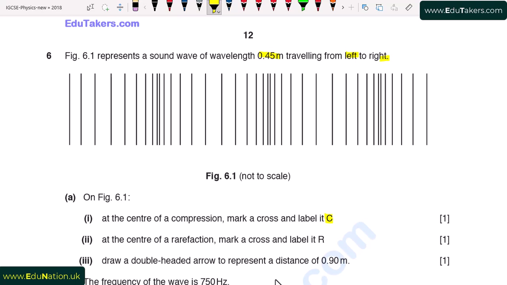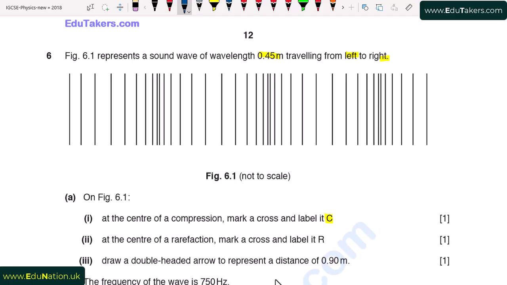For that we have to know about compression and rarefaction, as the sound wave is a longitudinal wave and it comprises compressions and rarefactions. So compression is the region where the particles are closer to each other, while rarefaction is the region where the particles are further apart from each other.